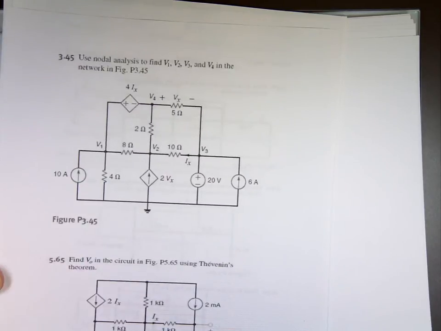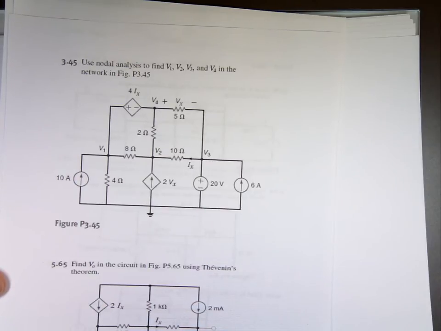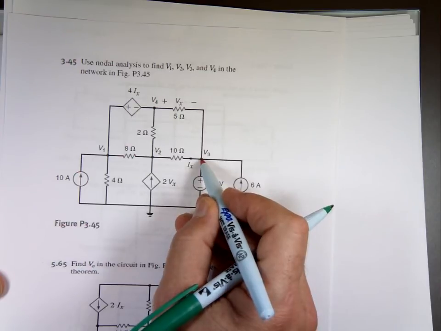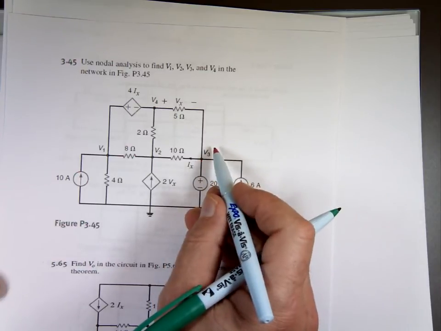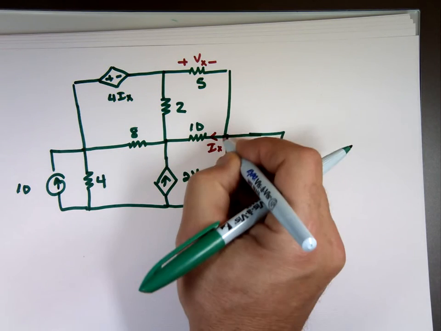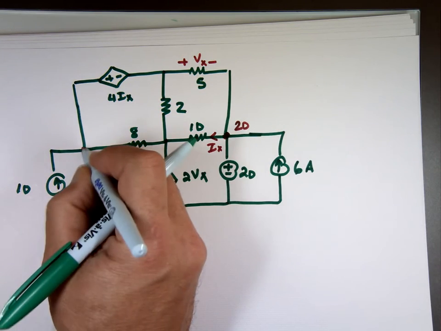Now, when you look at this initially, oh my goodness, there's a lot of equations by a lot of unknowns. Well, we know what that voltage is. That's 20. There goes one unknown. Use nodal analysis. So here we go. This is 20 volts. This one, I think they call that V1 here.